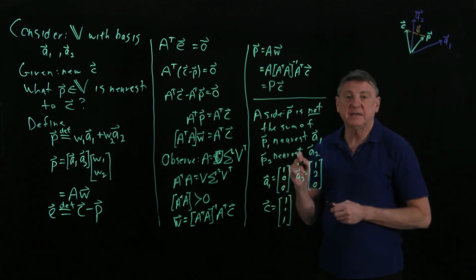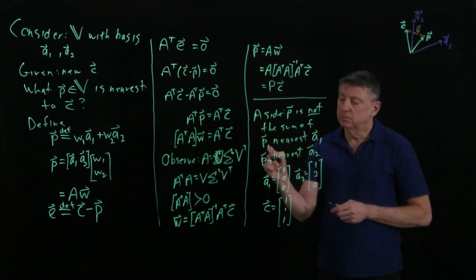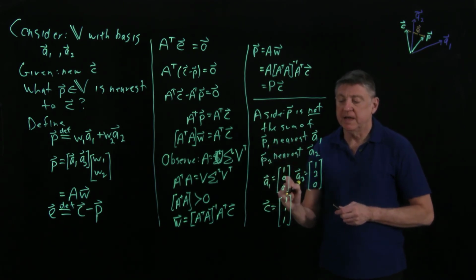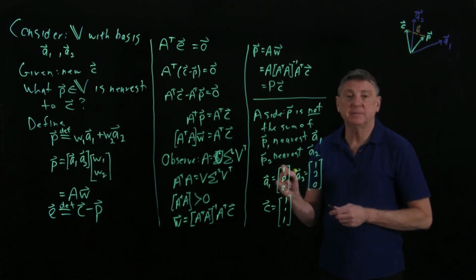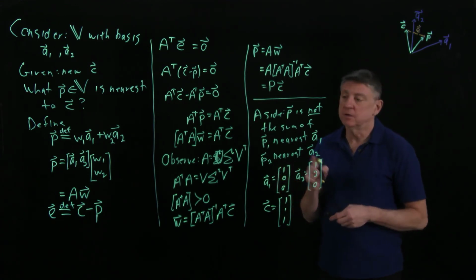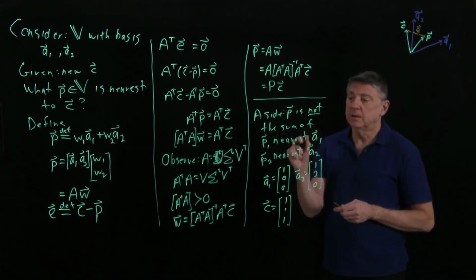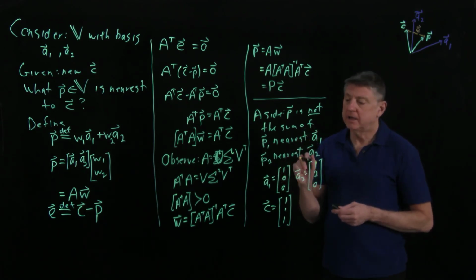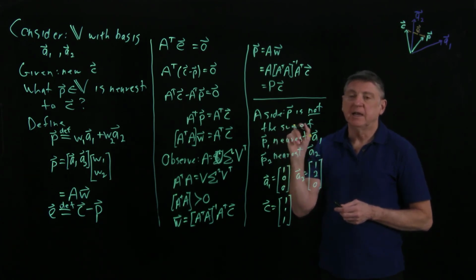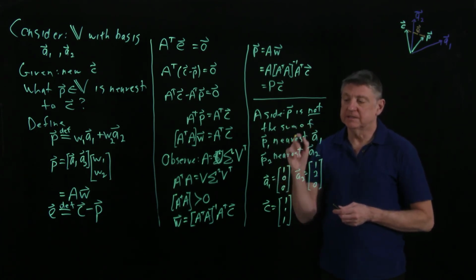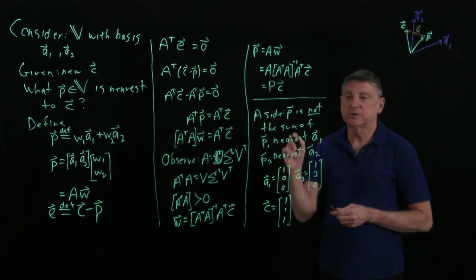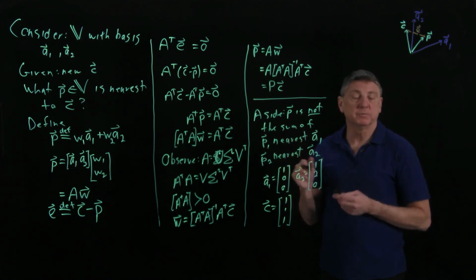But what you'll find is that if you project c onto a1 and then c onto a2 and add them together, you won't get the same answer. So this is a good exercise for you to do. You can even do this by hand, and what you'll discover is that the projection is not the sum of the projections. The projection involves both of them simultaneously.